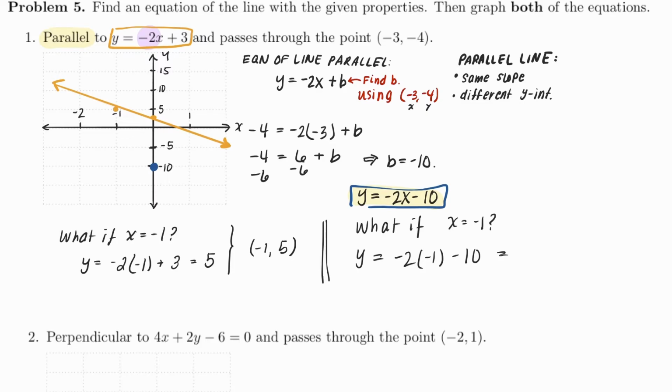So negative 2 times negative 1 is 2, minus 10, which is negative 8. So the point is negative 1, negative 8. And I'm just going to try to approximate that on the graph as best as I can. And then draw the line passing through those. Okay, and we've graphed them. So let's move on to the next one.